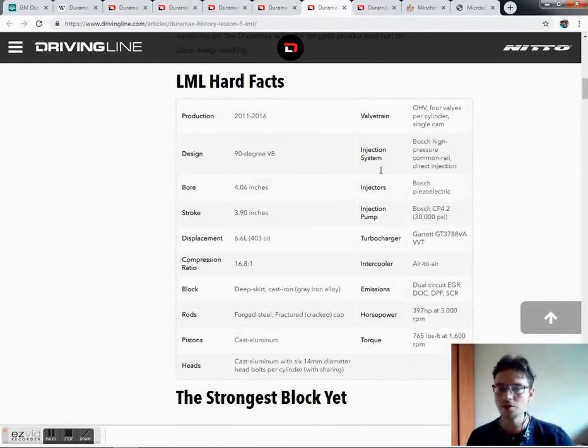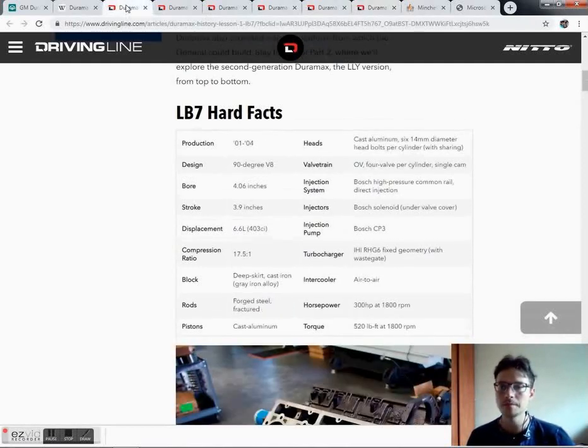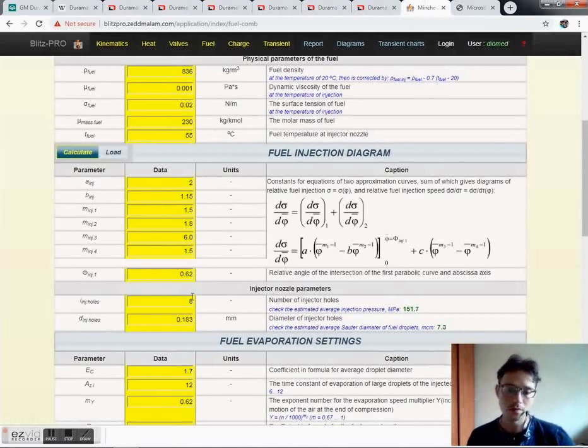with significantly higher injection pressure up to 2,000 bars. And the latest modification, as you can see, has even increased fuel injection pressure and new injectors. So for the LML modification, we know the number of injection holes, but we still don't know the diameter of the injection holes, and how to find it.